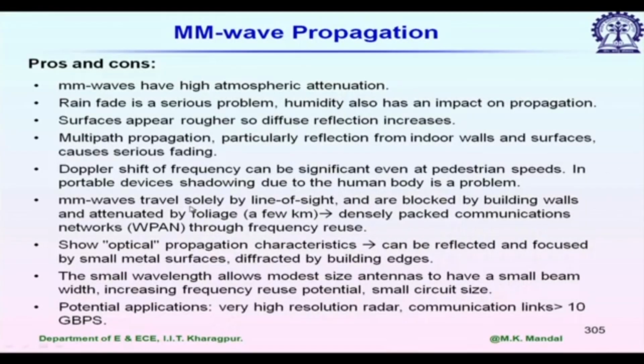Millimeter wave travels solely by line of sight and is blocked by building walls and attenuated by foliage. If you compare microwave signals, let us say at 2.4 gigahertz where the wavelength is quite high, and any person stands in front of a transmitter, then we have a diffraction effect.